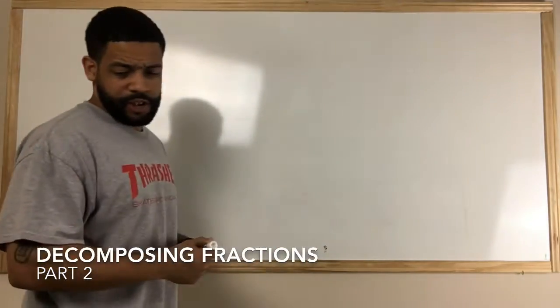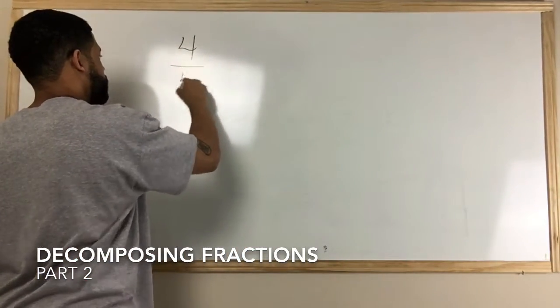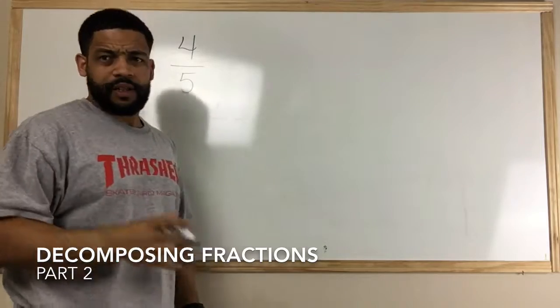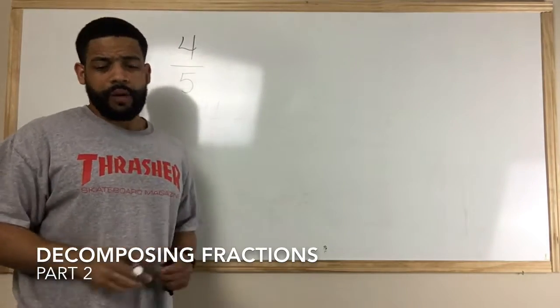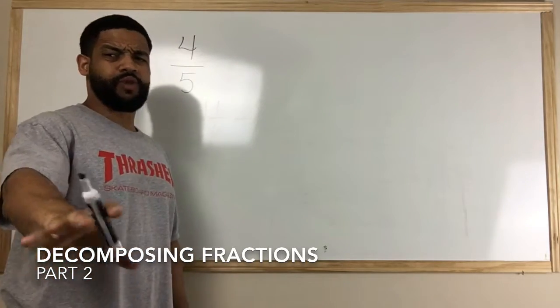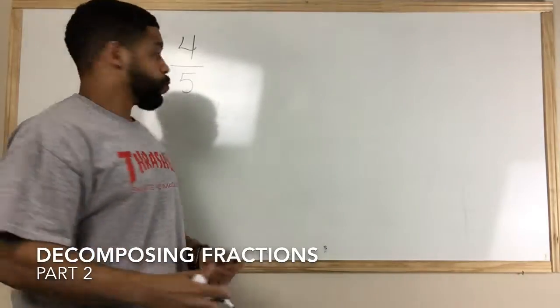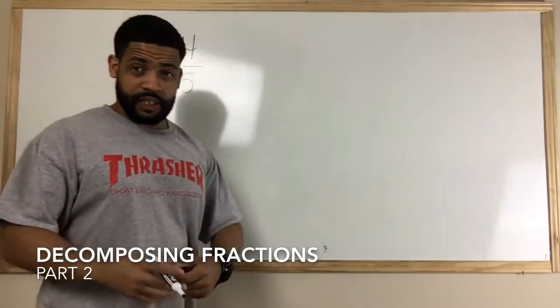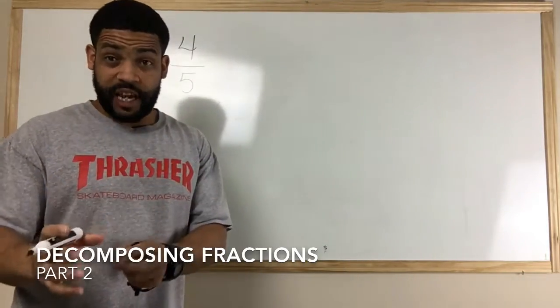So if I have the fraction 4/5, there are several ways that I can compose this fraction. So I'm going to break it down for you. The first thing is we really want to think about what numbers can you combine to get 4, okay? We know 4/5 is composed of pieces that are 1/5 in size, okay?